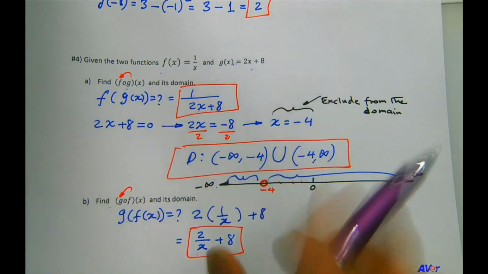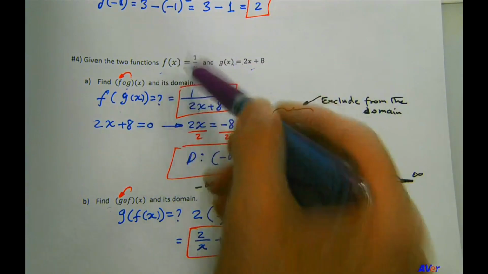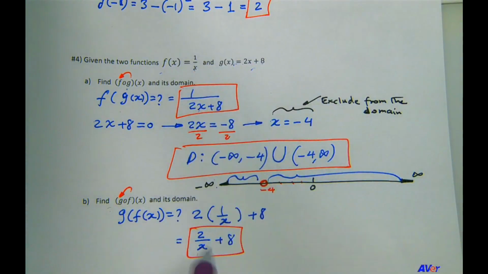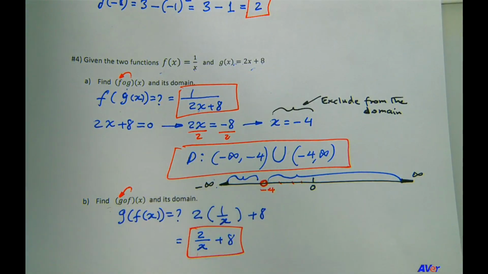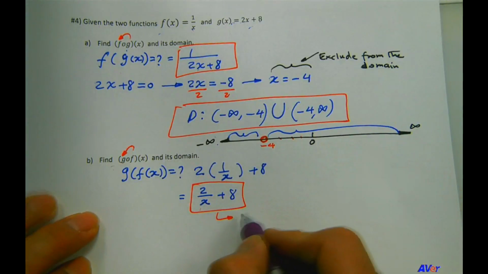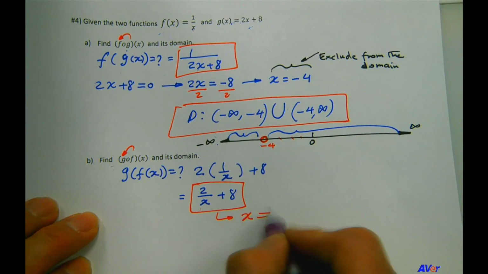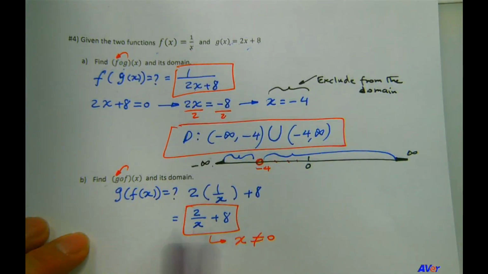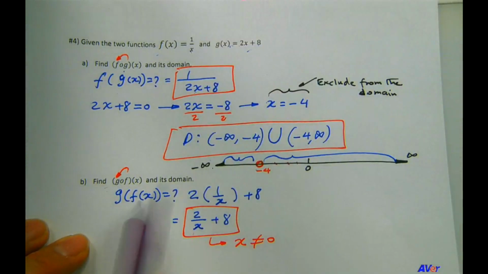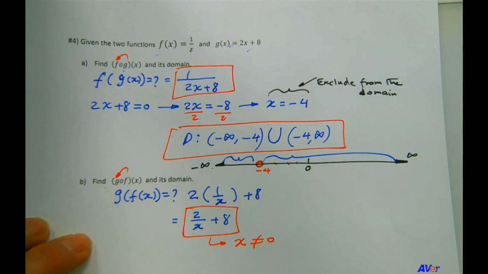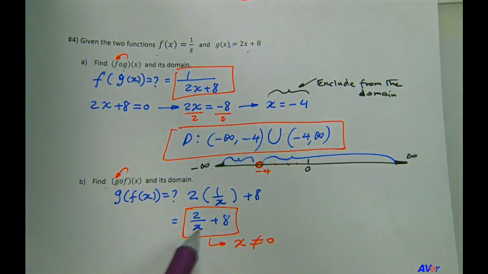So both functions agree that 0 should be excluded from the domain. So x not equal to 0, both for the composite function and the function f, which was replaced inside g.